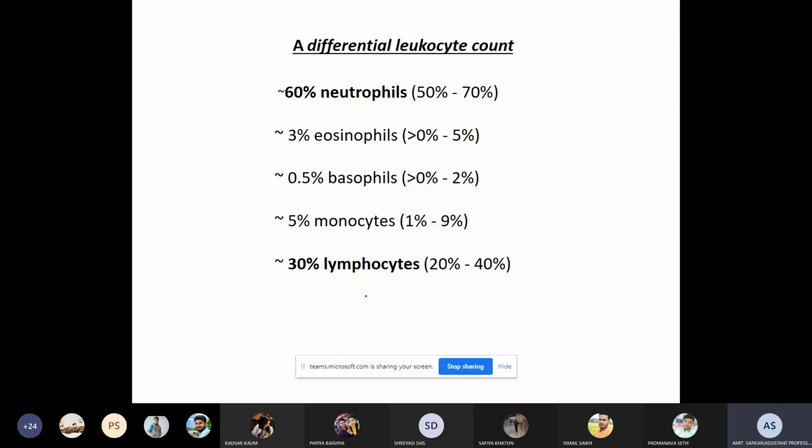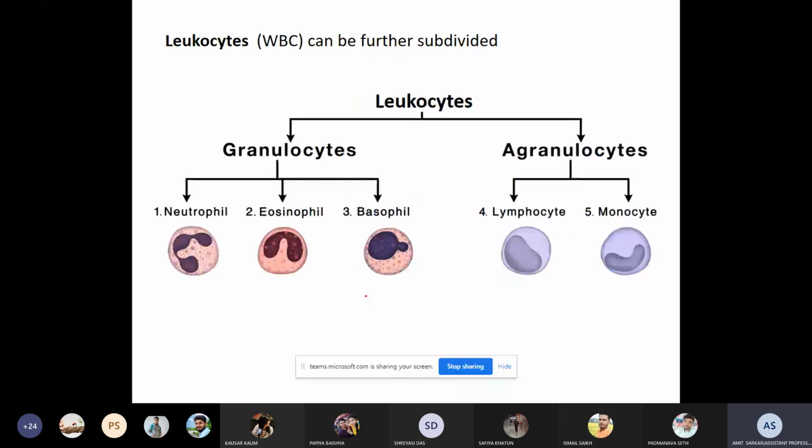Why these are required, we'll try to understand here also. As I said, all these are immune cells, so they must be in our system in a more or less fixed number always. If you are a healthy person, when you are suffering from some kind of infection, the possibility is that the number of these immune cells will increase.